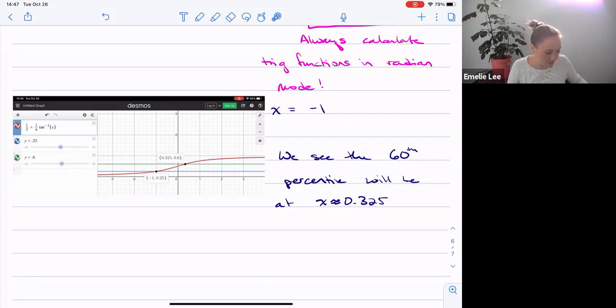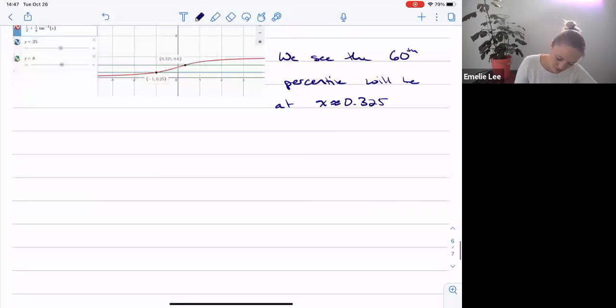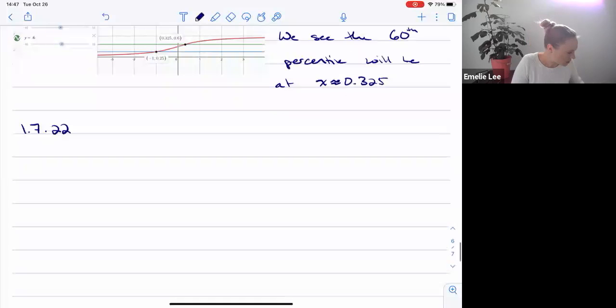Okay, and I want to skip to 1.7.22. Okay. So 1.7.22, and don't worry, I will post the rest of the solutions. They'll be squeezed in here.